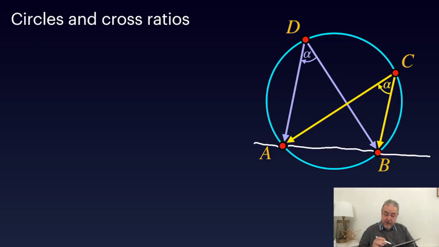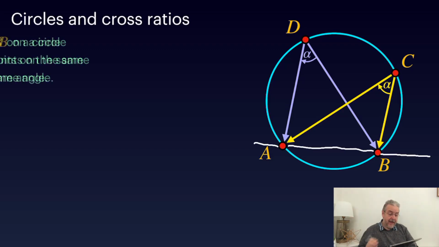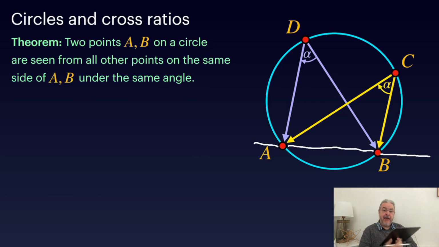So let's for a moment assume C and D are both above this line. Then we can rephrase the inscribed angle theorem as 2 points A and B on a circle, our 2 points here, are seen from all other points, D and C, on the same side of A and B, under the same angle.